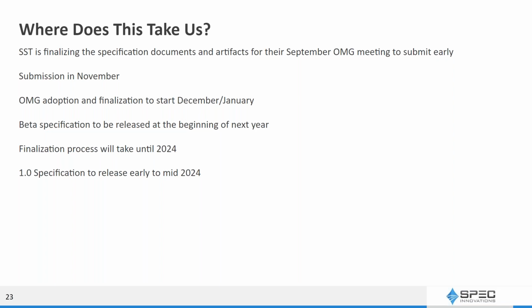Supposedly, there's going to be a beta specification to be released at the beginning of next year of the SysML V2 language, and the finalization process will take most likely until 2024. And there's a hope that the 1.0 specification of SysML V2 is to be released early to mid 2024.